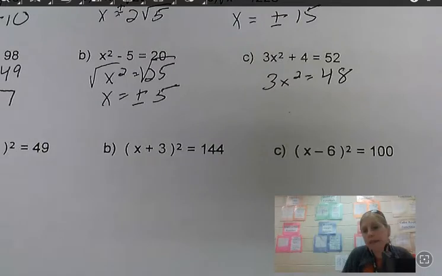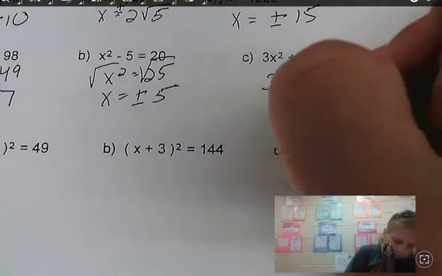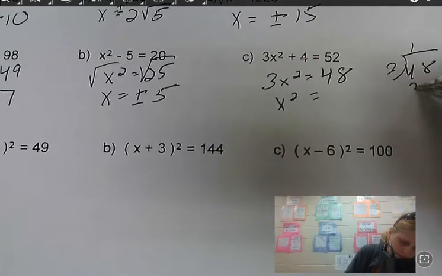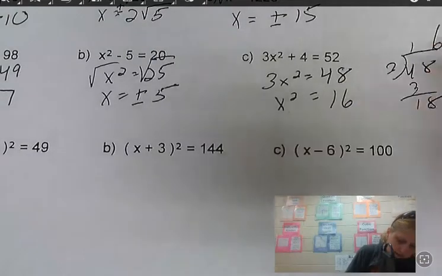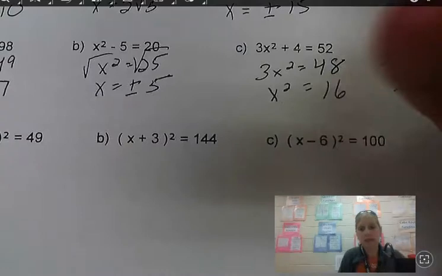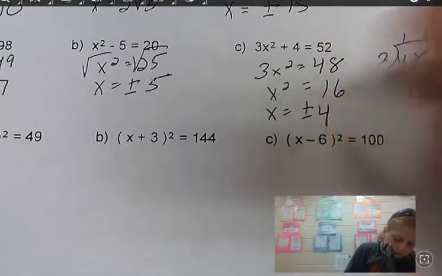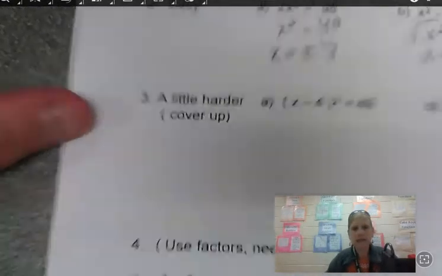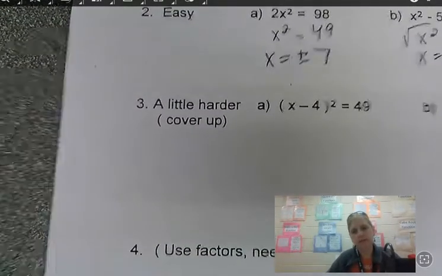What is 48 divided by 3? 16. Another perfect square. So what is the square root of 16? Plus or minus 4.